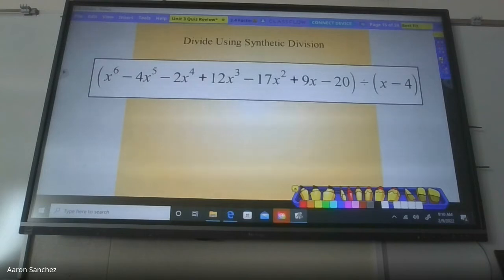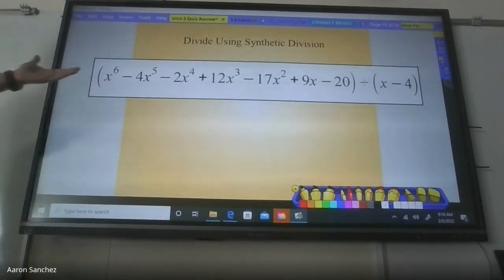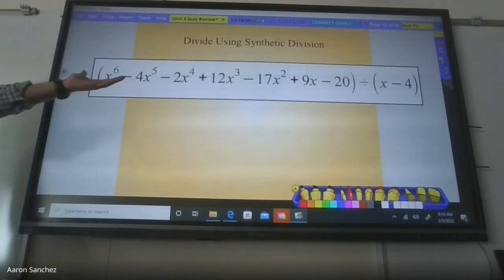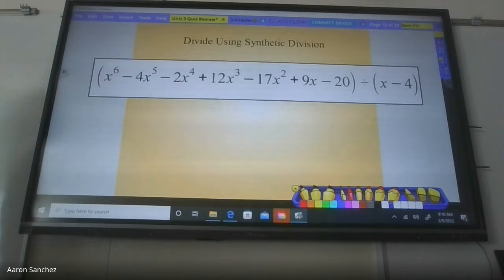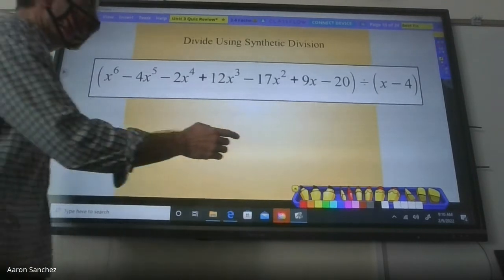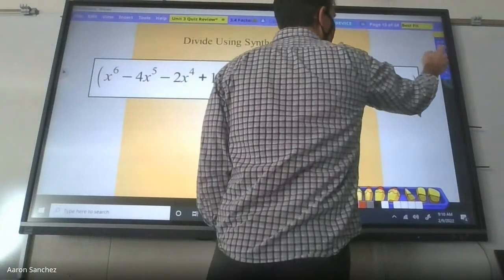Not joking. Right, guys? I don't know if anyone here is at the point where they think it's easier. Most of you probably think it's harder. What do you guys think? Does this seem easier to you or harder? Would you rather do this long division or synthetic division? This one, I would much rather do the synthetic division. But if you're not used to it, practice it, and it will be easier.